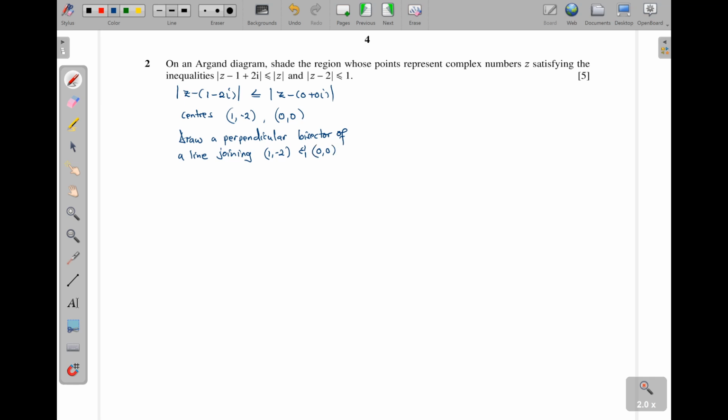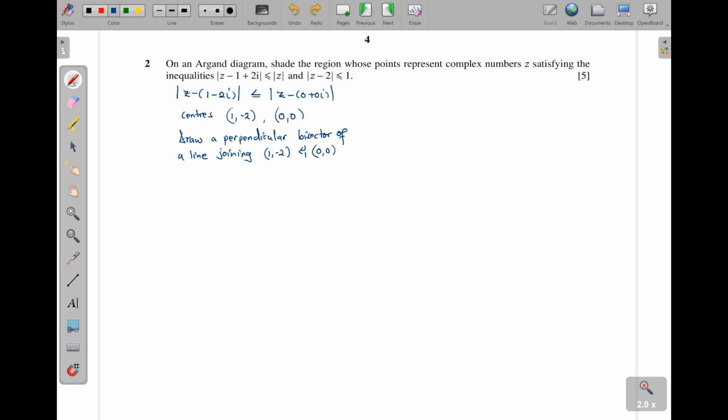Okay, so I may have 1, negative 2 is here, 0, 0 is here. So the points that are equidistant from these two must be lying on this line here, because this one means the modulus, or it means the length. So that means every point that is on this line is the same distance from this center and also this one, same distance like this. So that is why it is a perpendicular bisector, okay. So that is that for that case.